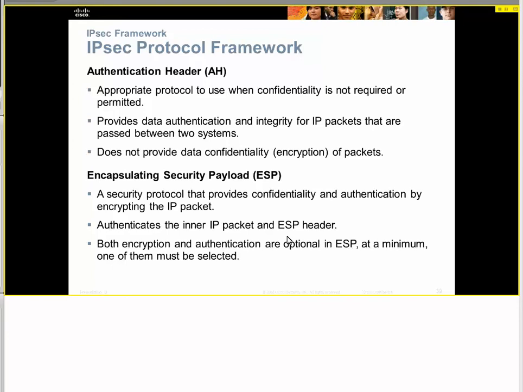You'll see that in the next slide. So now we have to determine, do we care if the packets are encrypted with integrity, or do we care if there's only encryption and no integrity, or do we care if there's only integrity and no encryption? So we have three options.